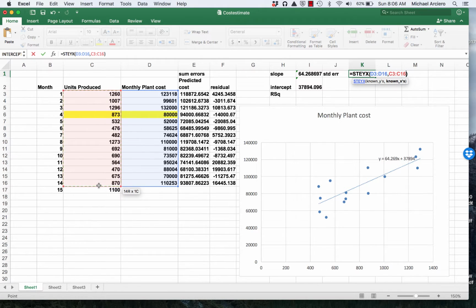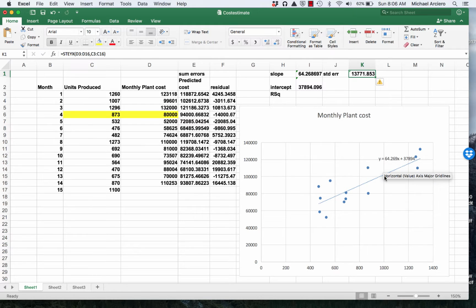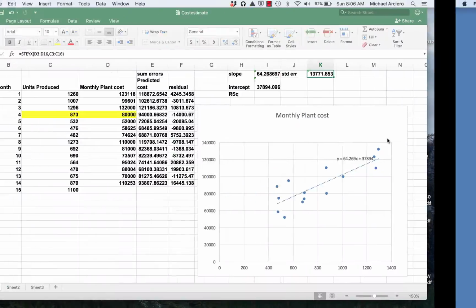So if you forget which one goes first, well, Excel is just going to remind you here. See that? Okay, so this is like the standard deviation, but it's an averaged deviation from the line, not from the mean. So standard deviation is like an average deviation from the mean.